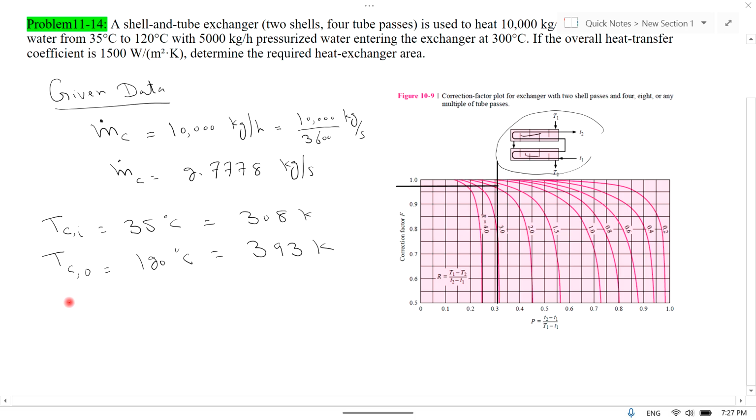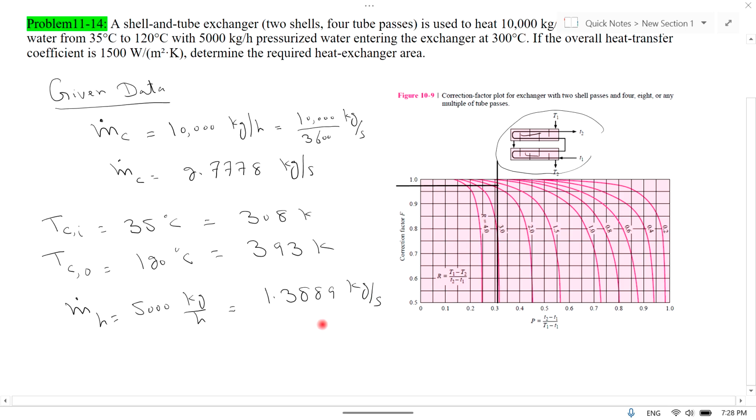So this is the hot water. The mass flow rate of hot water is equal to 5000 kilogram per hour. Convert this into kilogram per second, divide by 3600, which is equal to 1.3889 kilogram per second.